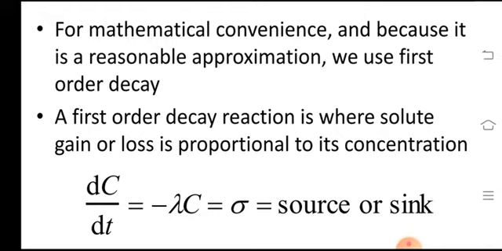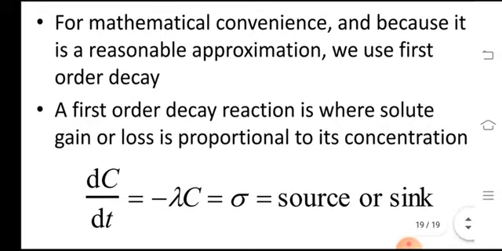In the aqueous phase we will have hexavalent chromium, and in the solid phase we will have trivalent chromium, because with time the hexavalent chromium reduces to trivalent chromium and gets attached to the solid particle, and as a result it is going to have much more retention.